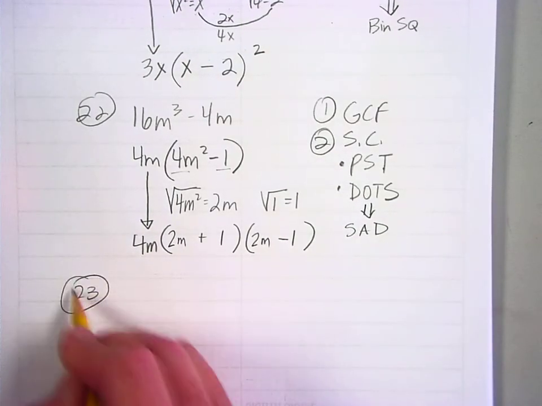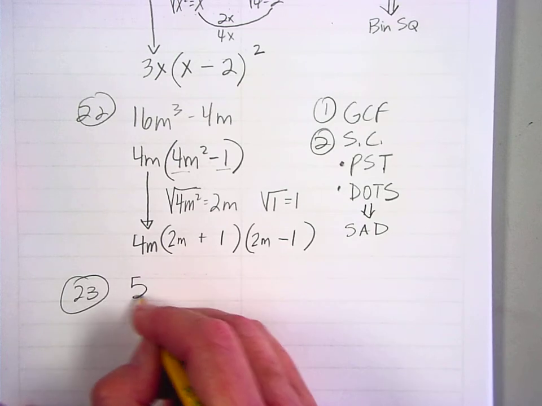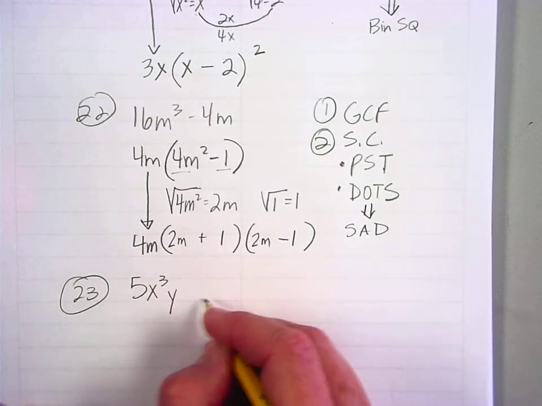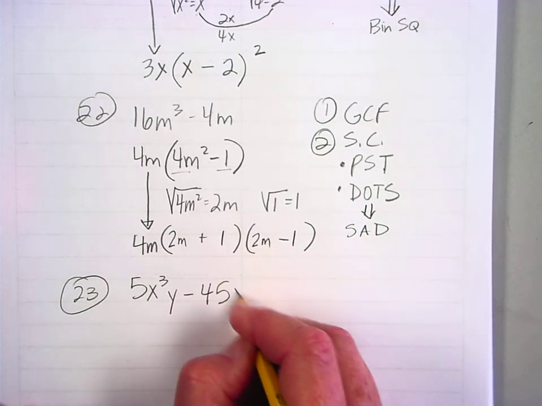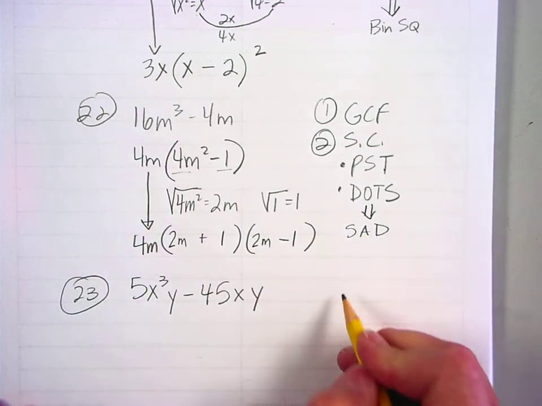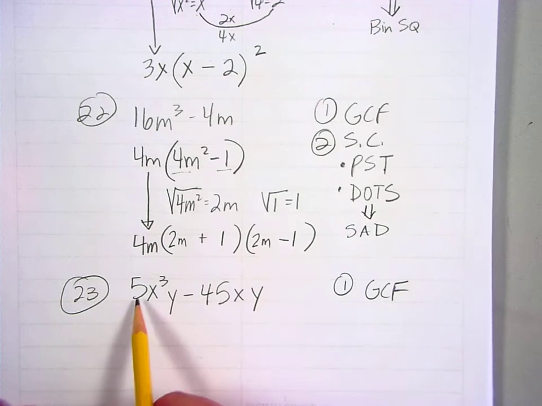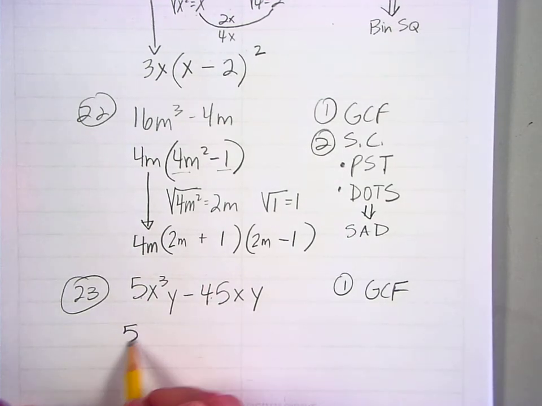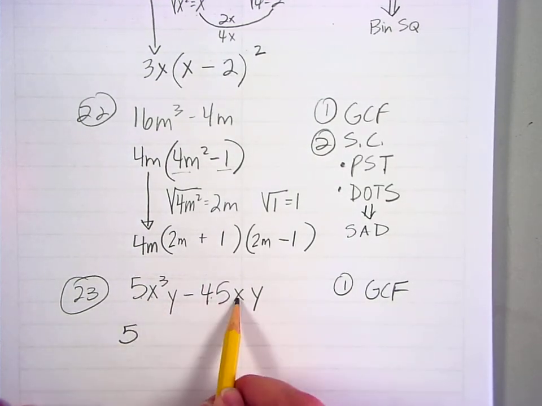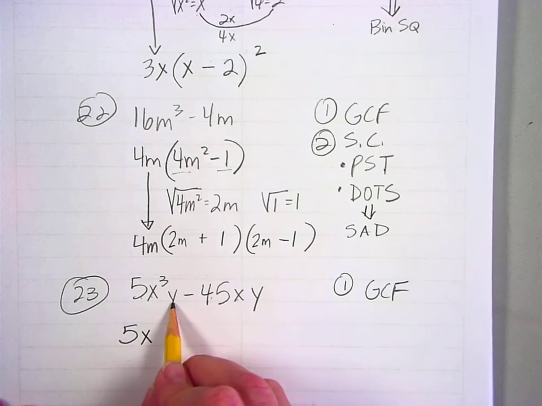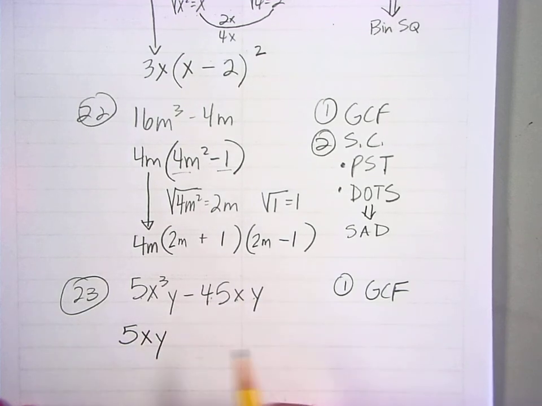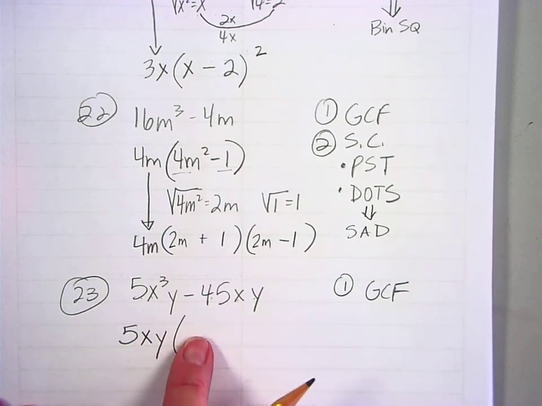Number 23. 5x cubed y minus 45xy. First thing we're going to look for is a GCF. Let's see, they both have a 5. These both have at least one x, and these both have at least one y. This times what is this?